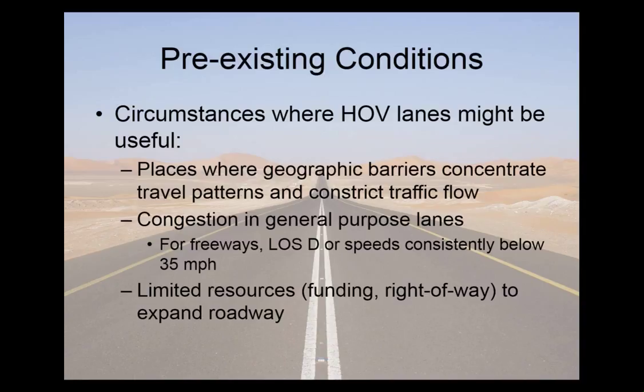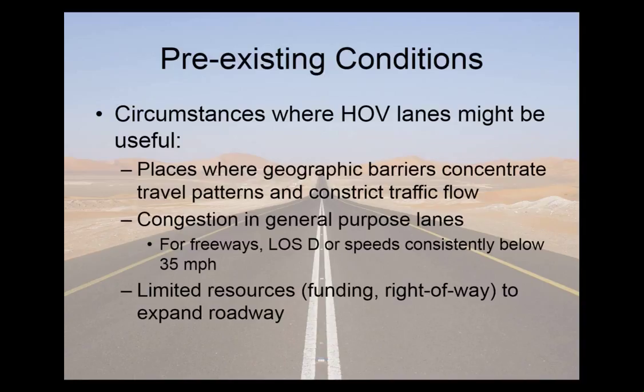Also, HOV lanes might be useful when there is congestion in the general purpose lanes. The guidelines for just when an arterial is congested enough for this really don't exist in the literature, but for freeways, level of service speeds consistently below 35 miles per hour are regarded as good conditions for possibly adding HOV lanes.